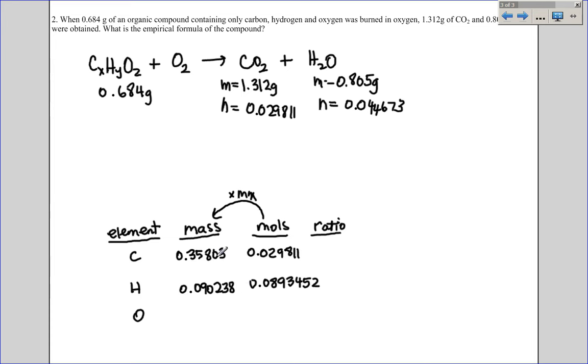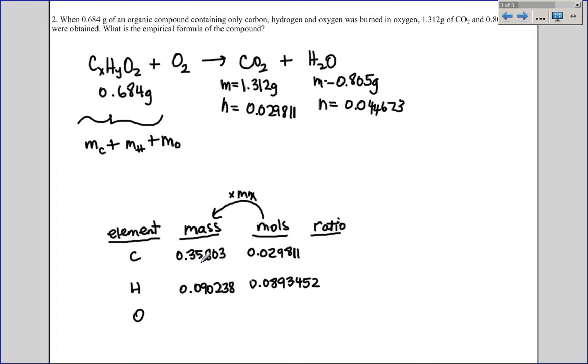Now that we have the mass of the carbon and the hydrogen in the original sample, we can use that information to find the mass of the oxygen, because the 0.684 grams is going to be equal to the mass of the carbon plus the mass of the hydrogen plus the mass of the oxygen.